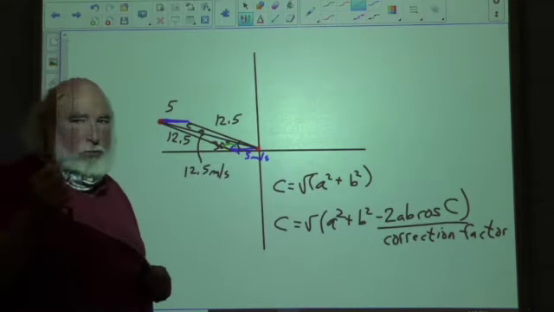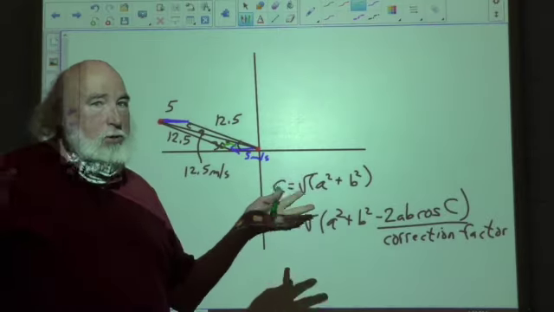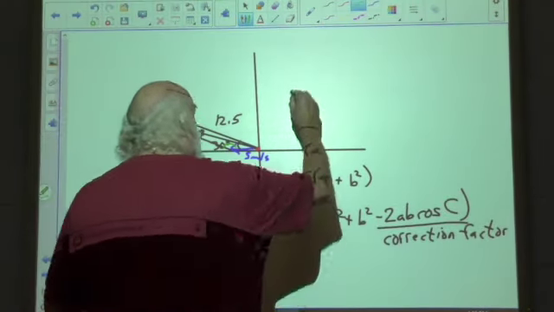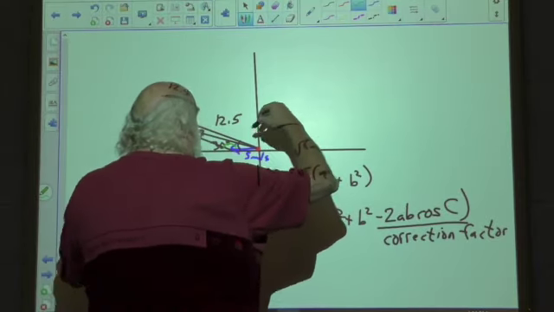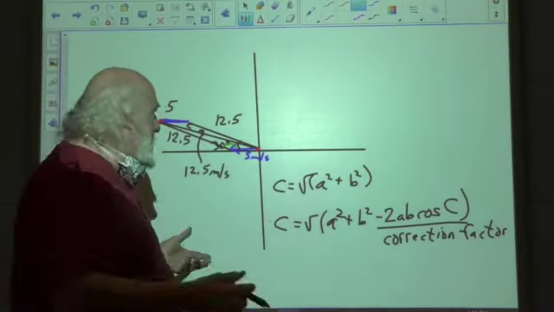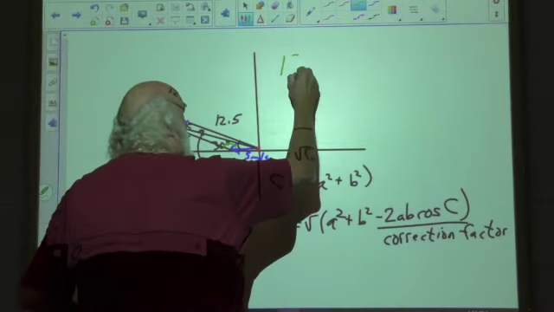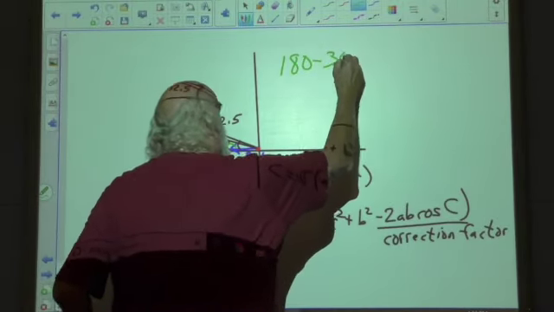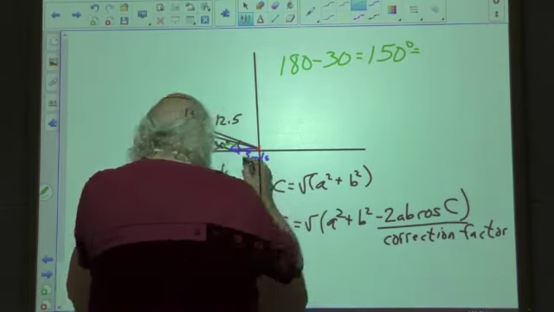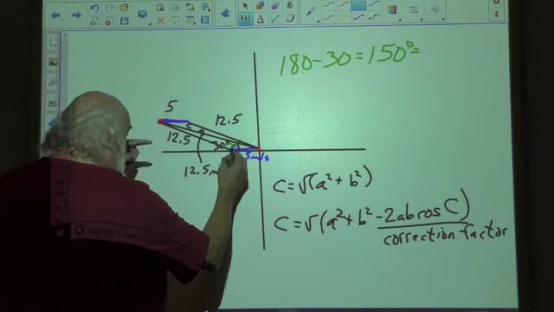Now, if you remember from geometry, and again, geometry is going to keep rearing its ugly head in this class, the two angles have to be supplementary. That means they add up to 180 degrees. So this angle right here is 180 minus 30 degrees, which is 150 degrees. And that is opposite this angle C.